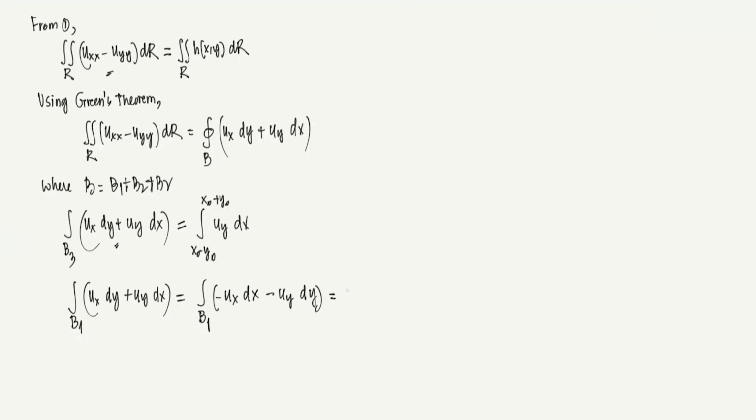This will give you u at the point x naught plus y naught, evaluated at 0, minus u evaluated at x naught y naught. It's just a calculation. I'm just putting everything together.